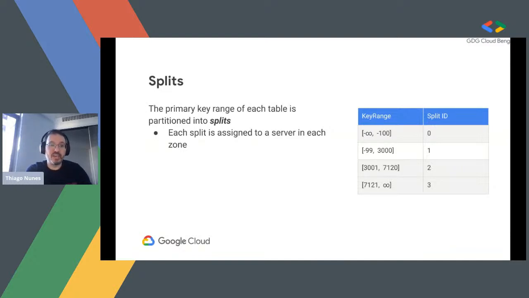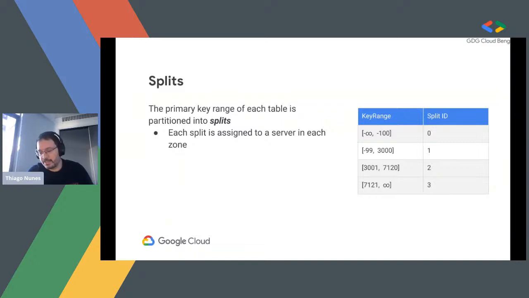And in this example, we have 4 splits: 0, 1, 2, 3. Split 0 is responsible for serving the data from minus infinity to minus 100. Split 1 from minus 99 to 3000, and so on, right? Now, this example can be extended to other data types which are supported by our primary key definition in Spanner.